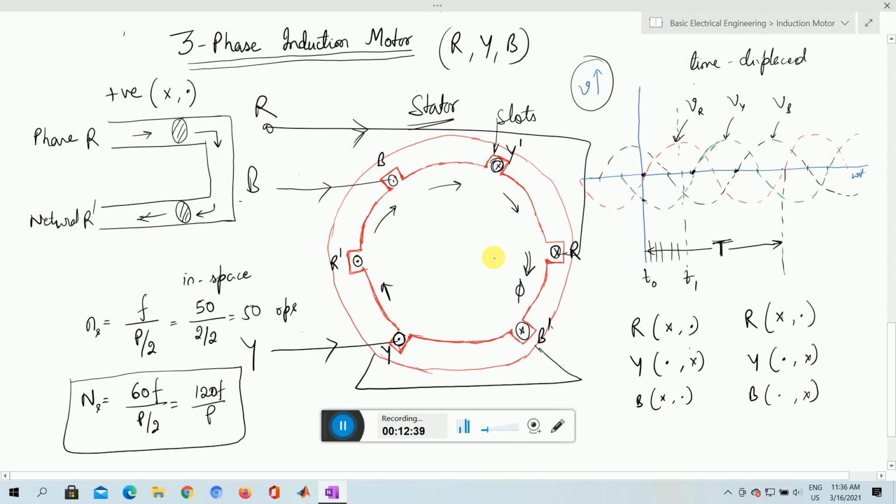So that's what we can write in a single line: when we give a three-phase supply to the stator of the induction motor, it will create a revolving flux that rotates at a speed given by 120 F by P, that is revolutions per minute, RPM. And we call it synchronous speed.